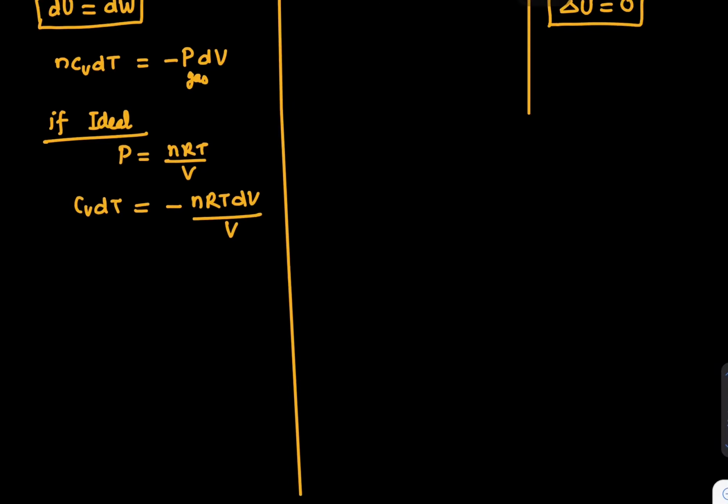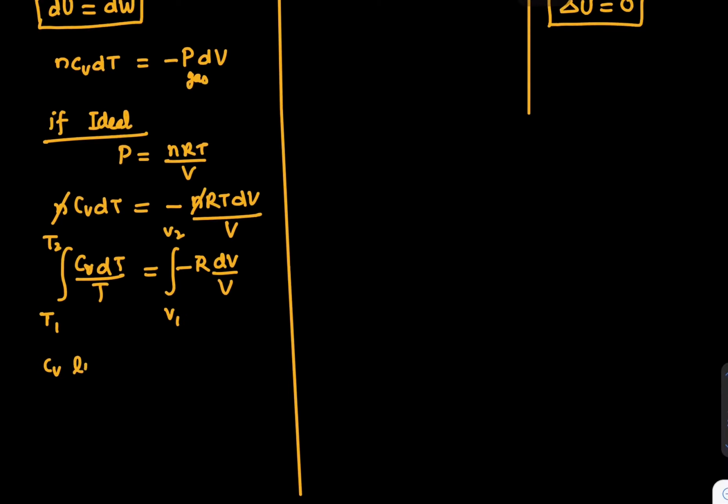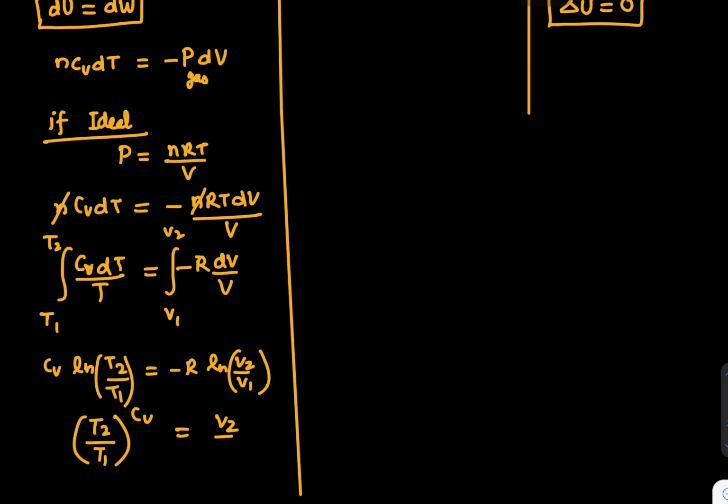We have n Cv dT, and n gets cancelled, so we have Cv dT upon T is minus R dV upon V. You can integrate both sides, putting the limits T1 to T2 and V1 to V2, and we get Cv ln T2 over T1 is equal to minus R ln V2 over V1. Then we will write it as T2 upon T1 raised to the power Cv is V2 upon V1 raised to the power minus R.